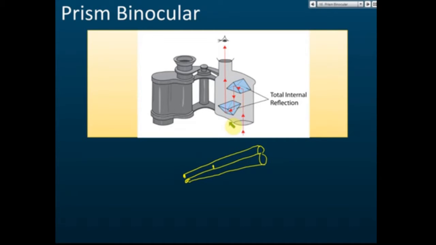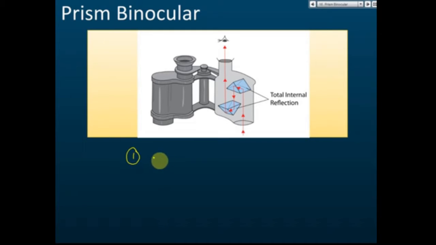Then you may ask the question: why do we want to use total internal reflection? Why don't we use, let's say, a mirror? The reason we don't use a mirror is that if you use a prism for total internal reflection, there are two advantages. One is that it's brighter.